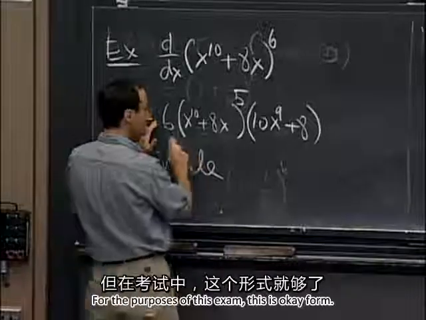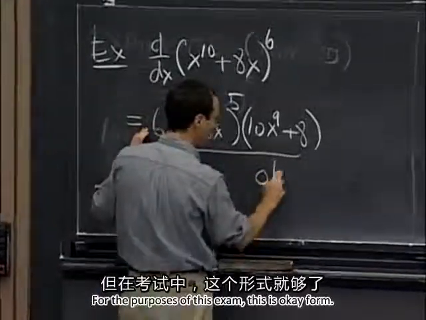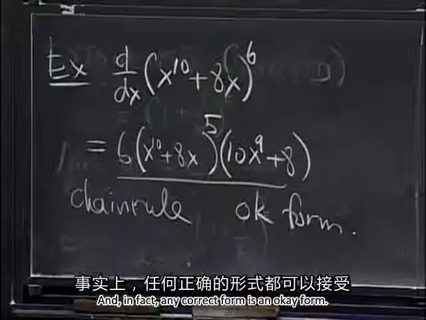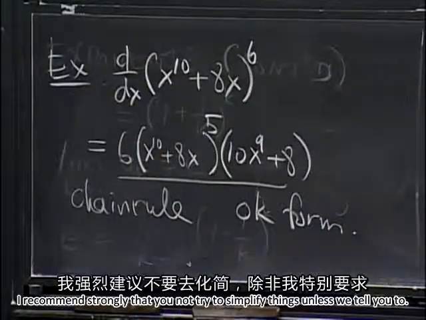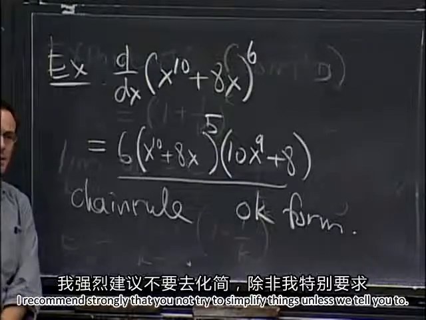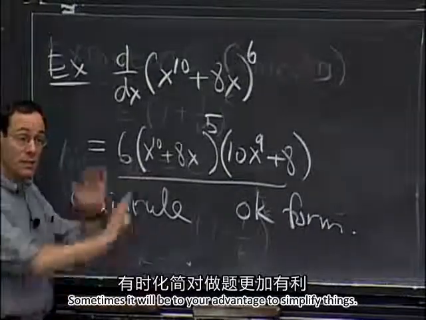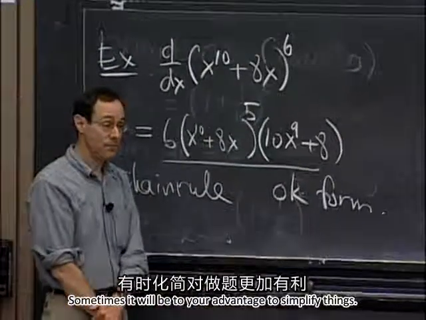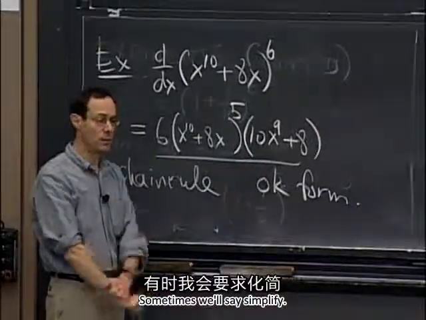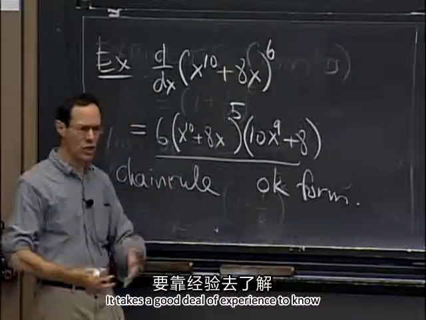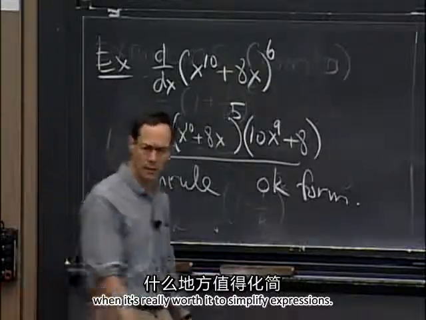For the purposes of this exam, this is an OK form. In fact, any correct form is an OK form. I recommend strongly that you not try to simplify things unless we tell you to. Sometimes it will be to your advantage to simplify things, and sometimes we'll say simplify. But that takes a good deal of experience to know when it's really worth it to simplify expressions. Yes?